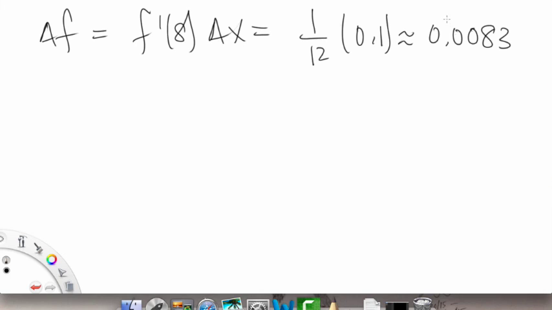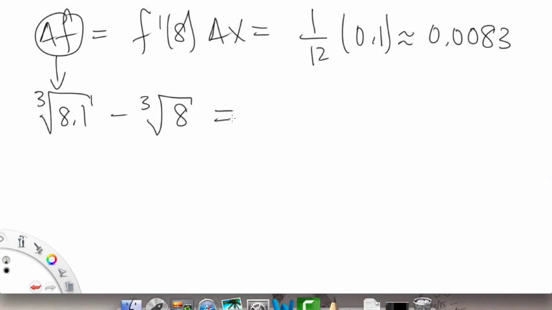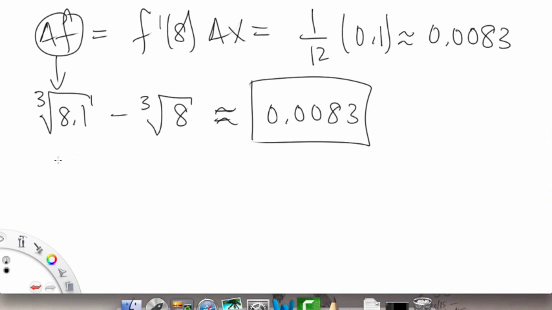Okay, so that's basically it. We can rewrite this as the difference that we're trying to find: the cube root of 8.1 minus the cube root of 8 is about equal to 0.0083. And that's our answer for this question.